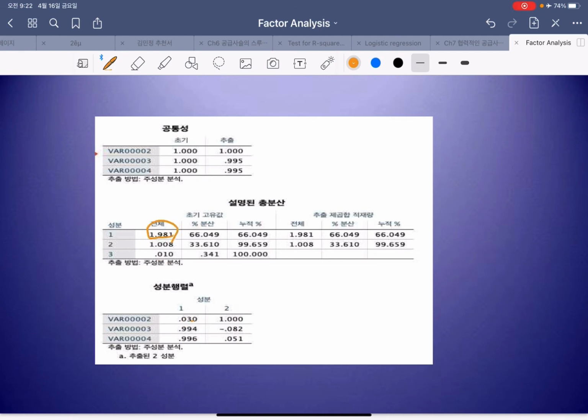You square these things and you add, so you get 1.981. And then you square these things and you add, so you get 1.008. So this is the eigenvalue.